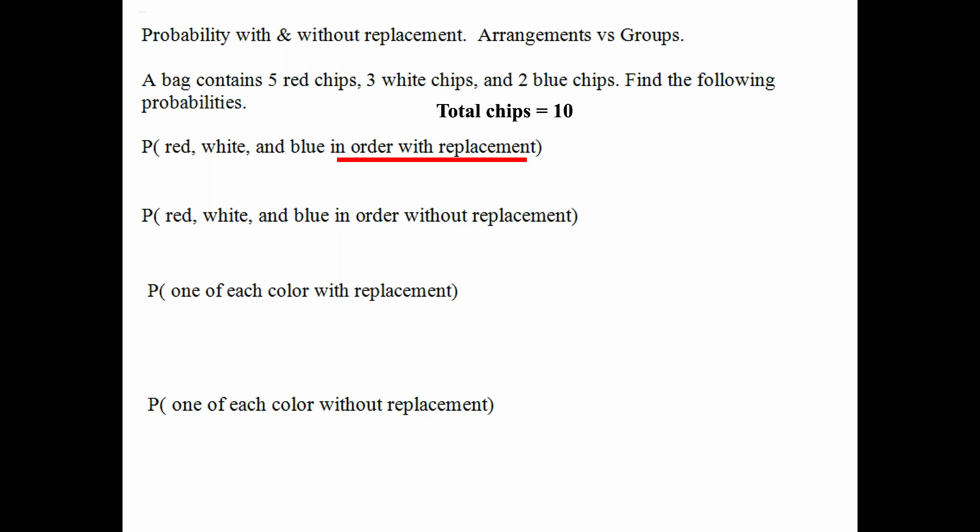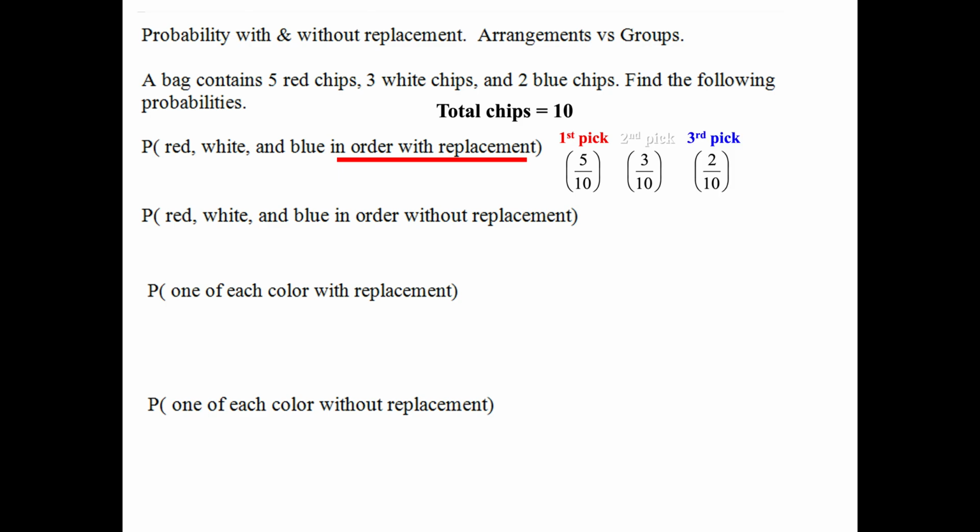Okay, so we're going to do red first. On your first pick, they want red. So 5 out of the 10. Now I get to take the red chip and put it back into the bag because it said replacement. So the probability of white would be 3 chips out of 10. That's my second pick. And the third pick is going to be blue.